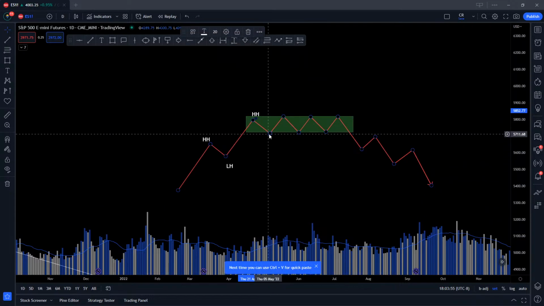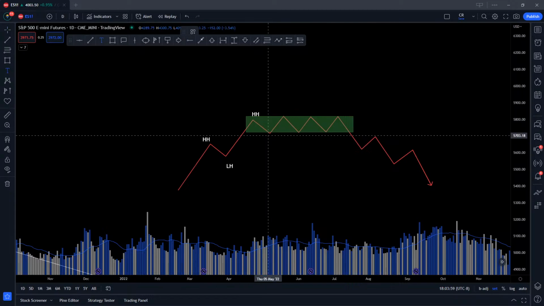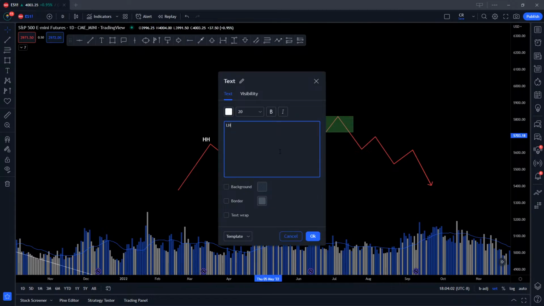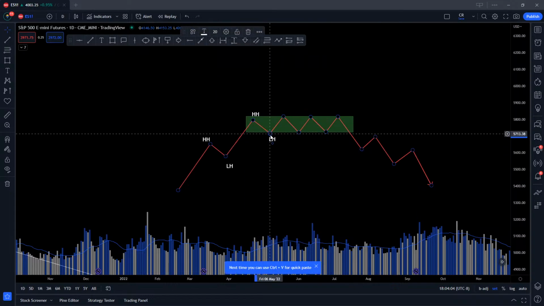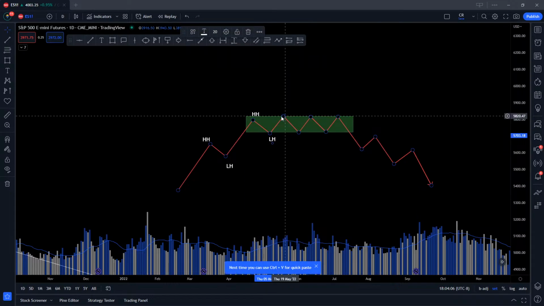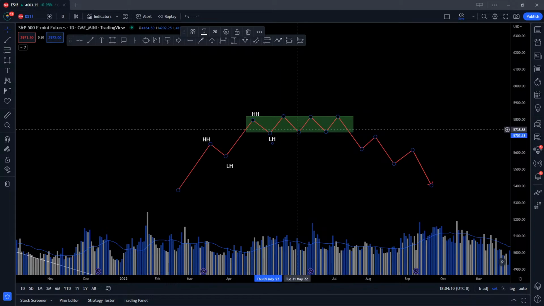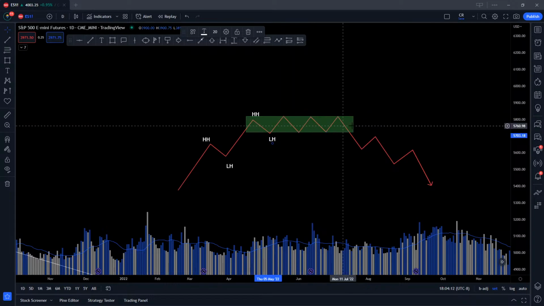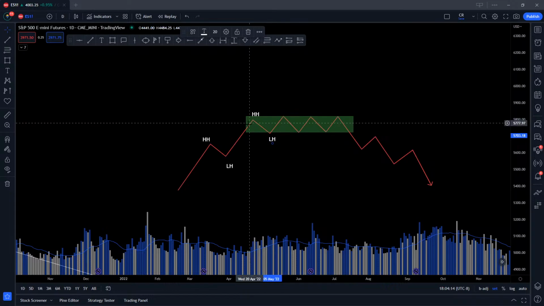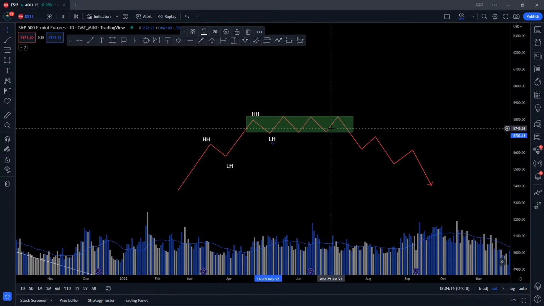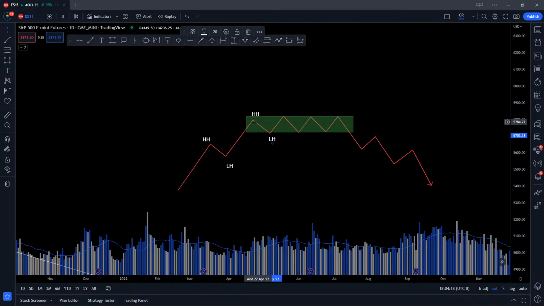And then technically, this one here will be another lower high. And then we're just chopping sideways. We're not making higher highs. We're not making lower highs. So this area here is consolidation. Also it is considered an island top.